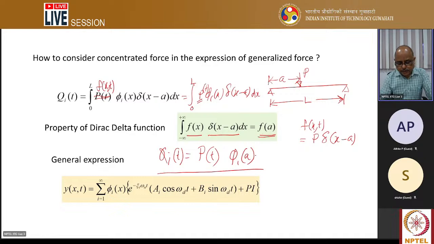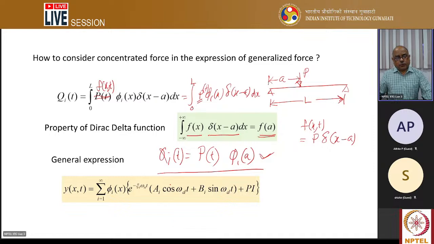That means phi_i(a) is a constant term, so this becomes a function of time t. So the generalized force in the ith mode is calculated here. In the process of finding the generalized force, we use mass normalization, that is normalization with respect to mass. It simply means that the generalized mass is 1. Otherwise, if the generalized mass is not 1, Q_i(t) should be divided by a quantity which is the generalized mass.